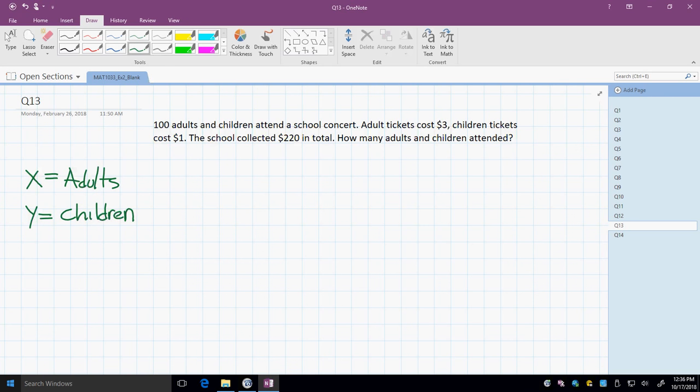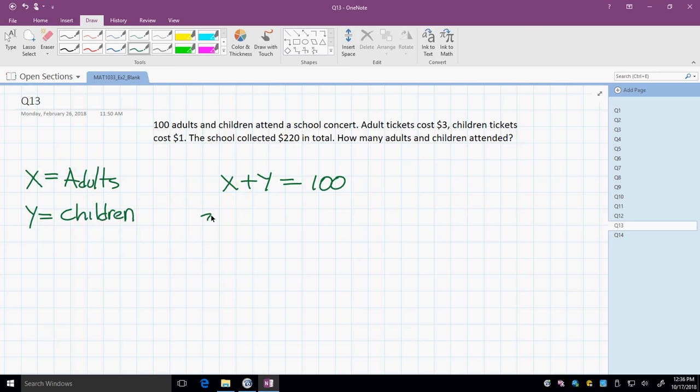Knowing that, we're going to set up the equations. They're telling you the adults and children all together were in total 100. So that's going to be x plus y equals 100. The same thing, we're working with a system of equations, so we have to come up with another equation. The second part is telling you the adult tickets cost $3.